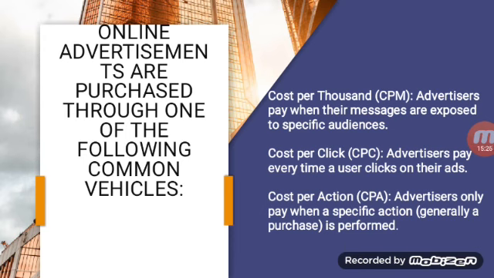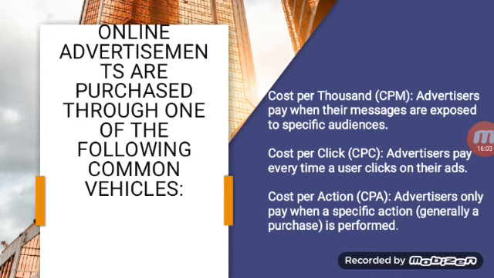Which means advertisers pay when their messages are exposed to specific audiences. Again, online advertisement vehicle means how advertisers use certain media to advertise their product or services, how this media helps marketers move their advertisement so that it reaches the specific or potential target audience.